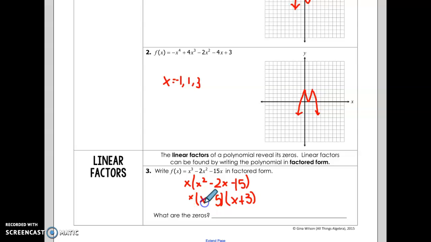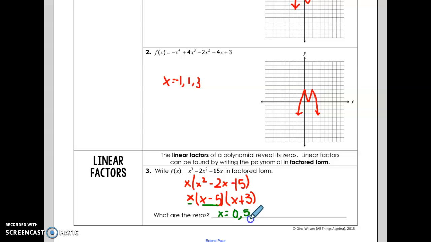Those are the factors. So how do I get the zeros from those? Well, remember, we set each part equal to 0. So I would say x equals 0. Okay, and then the next factor I set equal to 0 is x minus 5. If I set this part equal to 0 and solve for x, I should get a positive 5.